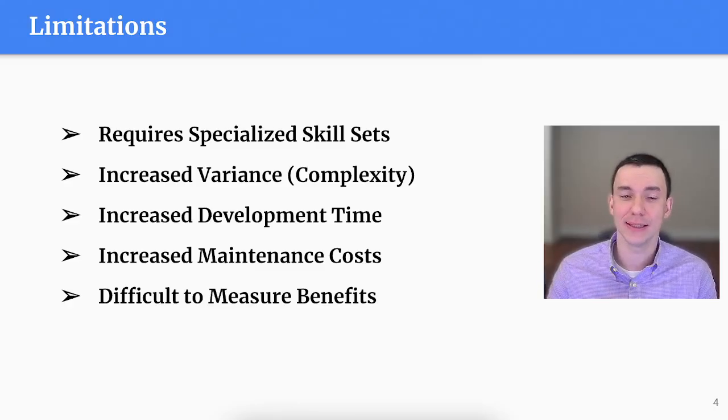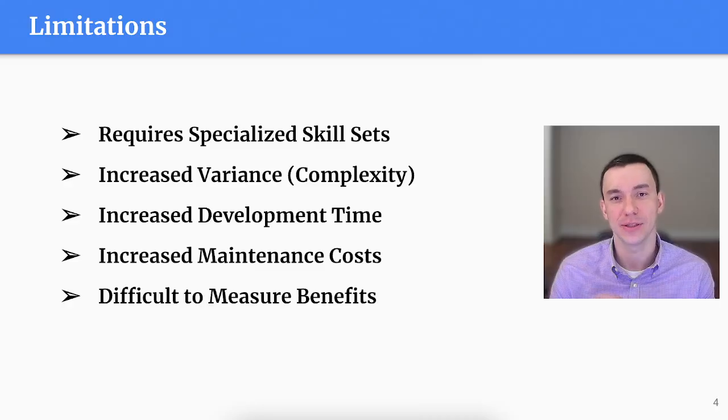Which ultimately increases complexity, increases development time, and increases maintenance cost, because you're going to have to hire professional folks that understand these things to manage these systems. Like Amazon doesn't just have one guy managing Alexa, they have probably a department full of people over there. And then the last one is it's difficult to measure the benefit, that marginal gain. Like how much better is it?